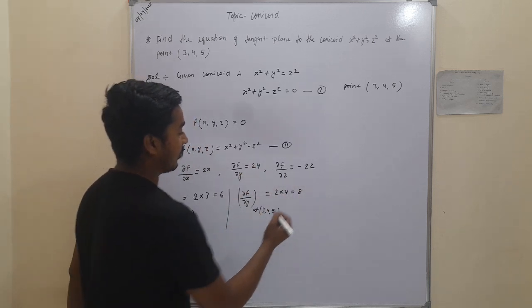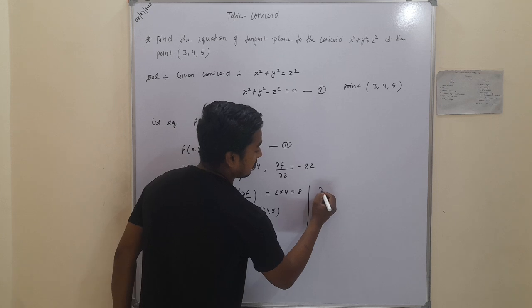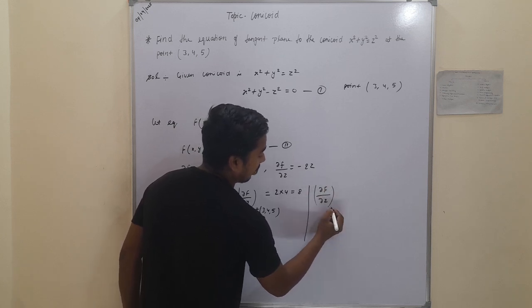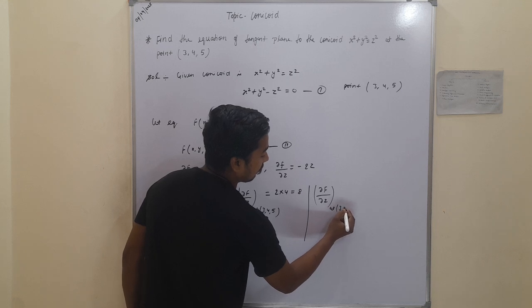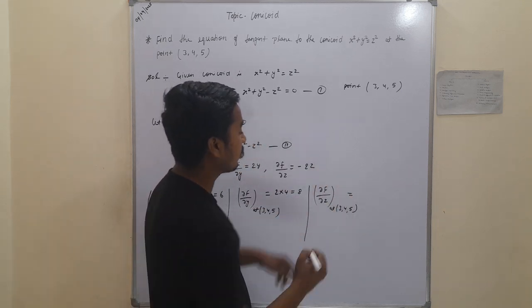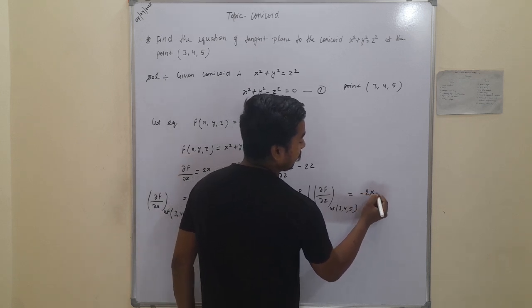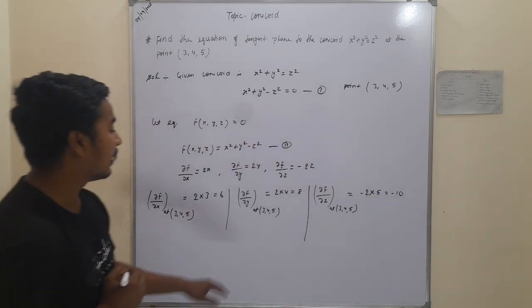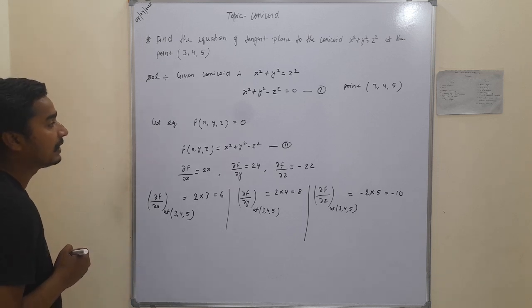And del f upon del z at (3, 4, 5): z is 5, so minus 2 into 5 gives minus 10. Further, we have to find the equation of the tangent plane.